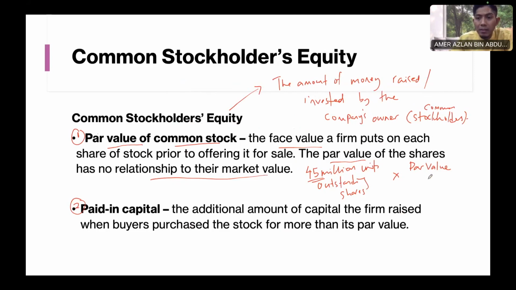So let's say the par value was around $1. This par value is the first value before the stock is issued to the public, before the stock is sold to the investors. Par value has nothing to do with the market value.